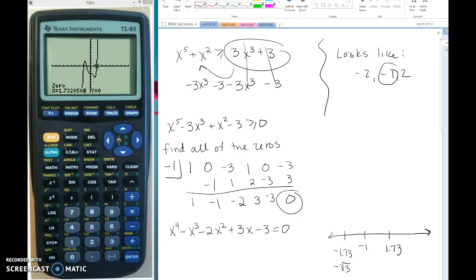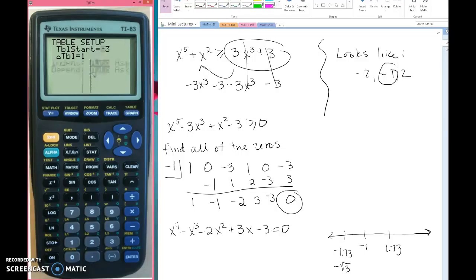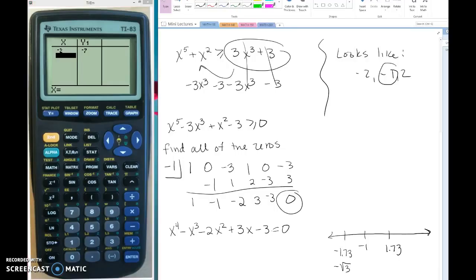Okay, now we want to know where it is positive. One thing you can do is put the table on ask. So second table set and put just the independent variable on ask, because we've got some numbers that are really close together. We want to know below here, so less than negative 1.73. We could do something like negative 2, and the number out is a negative number.